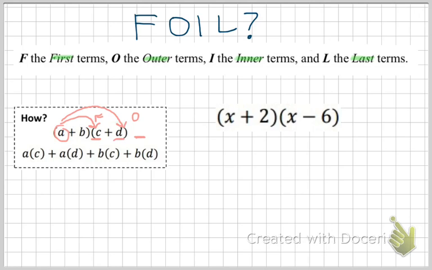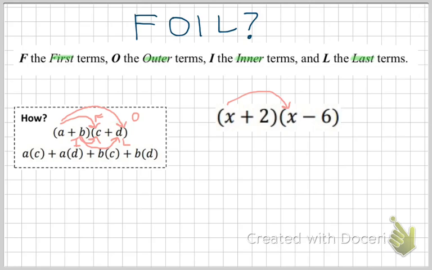Well, there's nothing else to multiply it with, so we move on to the next part, the inner. So we multiply those two inner, that's our I, and then we multiply the last, and that's our L. We're going to use these arrows to help us multiply these two binomials using the FOIL method. So let's start with F.